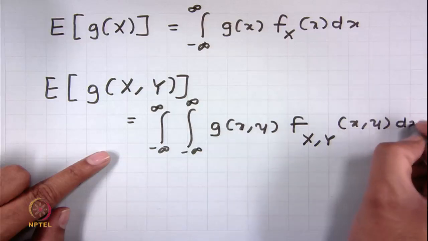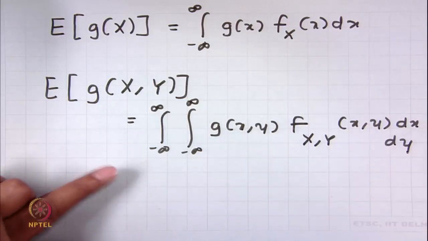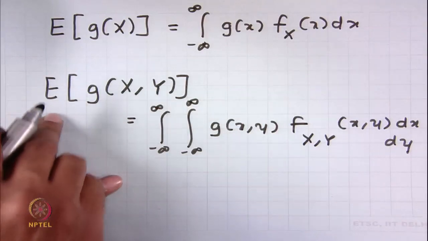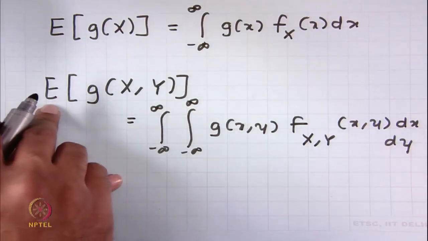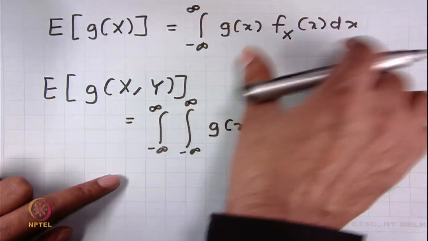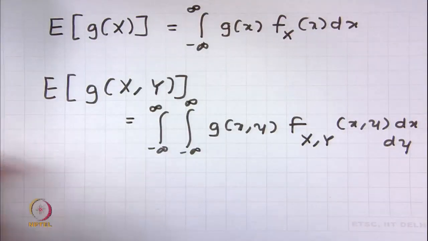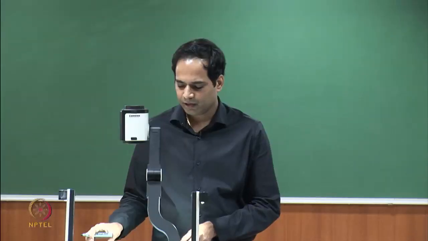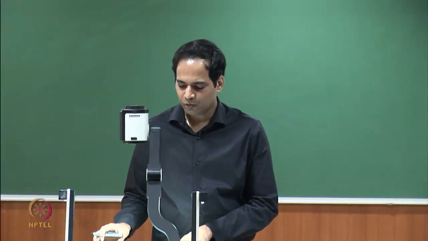That is it, nothing else changes in this expression. So, this is how you can interpret the expectation of a function of two random variables, and this is exactly similar to how we define expectation for a function of a single random variable.